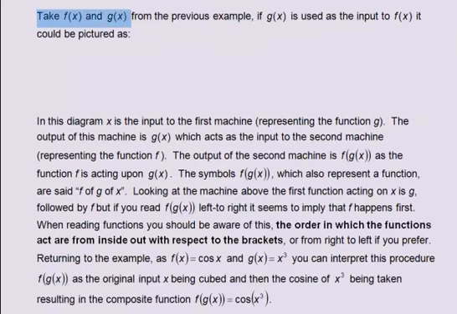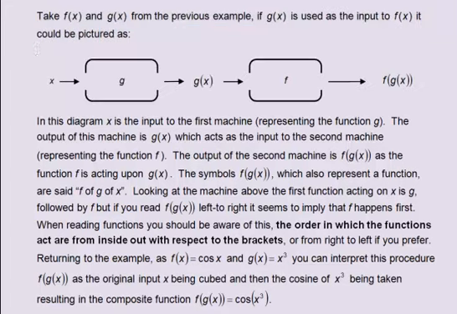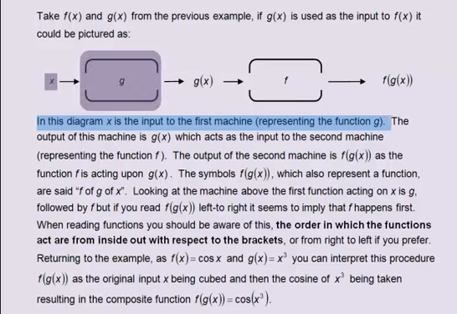Take f of x and g of x from the previous example. If g of x is used as the input to f of x, it could be pictured like this. In this diagram, x is the input to the first machine, representing the function g. The output of this machine is g of x, which acts as the input to the second machine, representing the function f.